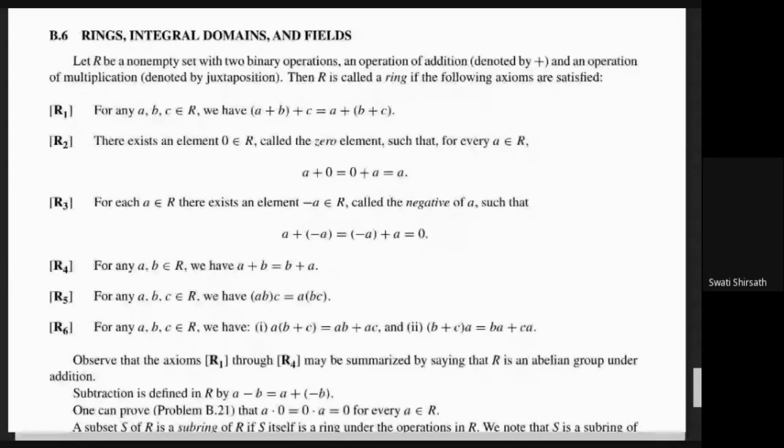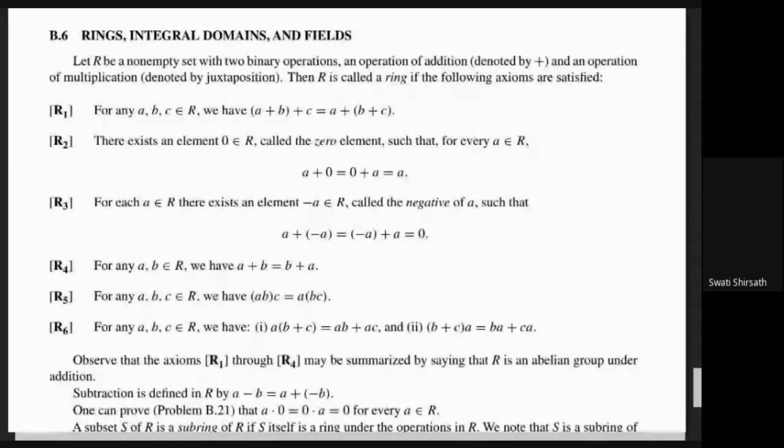Similarly, when we write 3 by 4, it is nothing but 3 into 1 by 4. That 1 by 4 is nothing but the multiplicative inverse. For addition, we call it additive inverses; for multiplication, we call it multiplicative inverses.